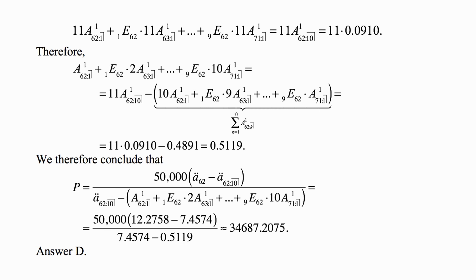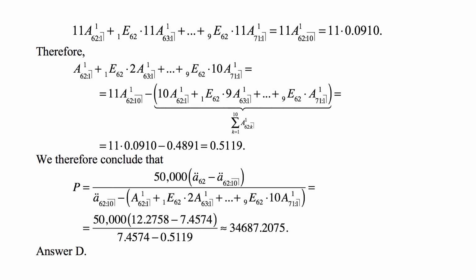So we obtain an expression that just has a coverage of 11 for death in any of the next 10 years, but split into separate years. First year, then deferred the second year, then deferred, and so on. And that's the same, of course, as 11 times the 10-year term on a 62-year-old. So that's got to be equal to 11 times 0.0910, which is given in the problem.